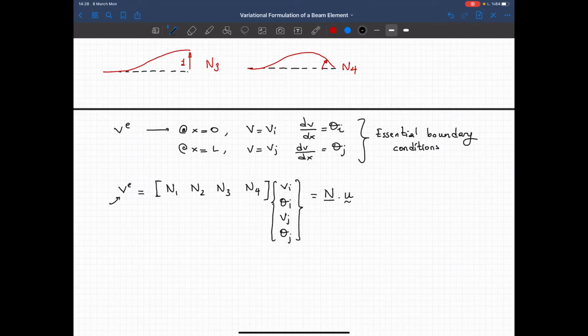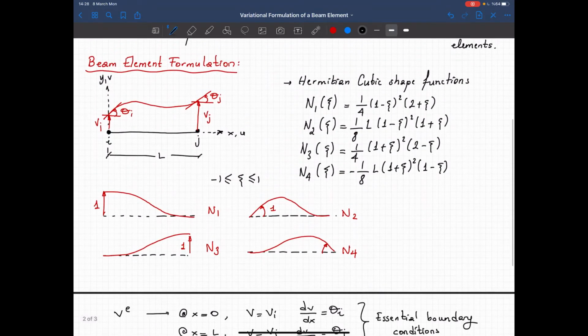And this is my continuous displacement field definition. Remember that all these shape functions are written in the natural coordinate system.